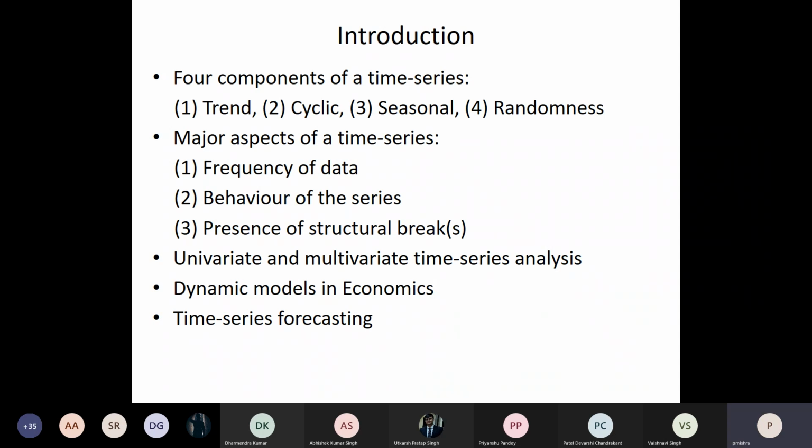So dynamic models are evident in economics. It may have alternative specifications. As I said, Yt may be explained as a function of Xt. Yt may be expressed as a function of, say, Yt minus 1 and Xt. Yt may be expressed as a function of Yt minus 1, Xt minus 1. Yt may be expressed as a function of Yt minus 1, Yt minus 2, Xt minus 1, Xt minus 2, Xt minus 3, like that.